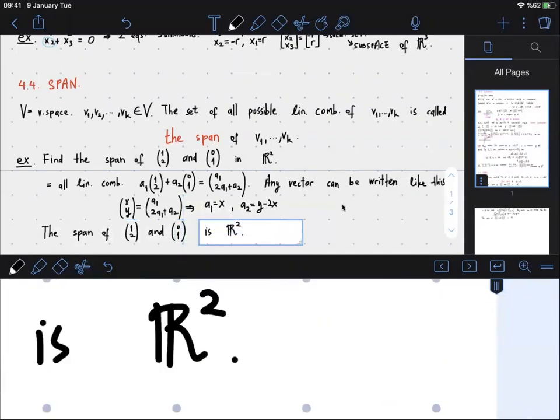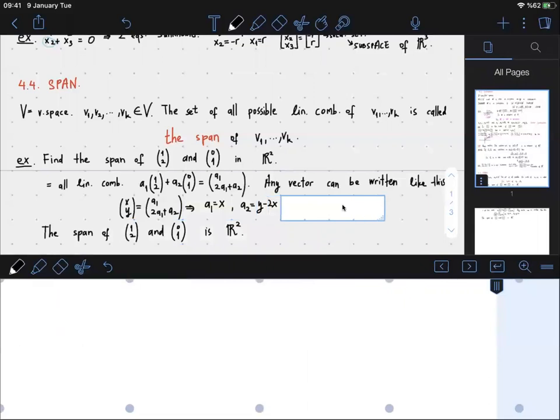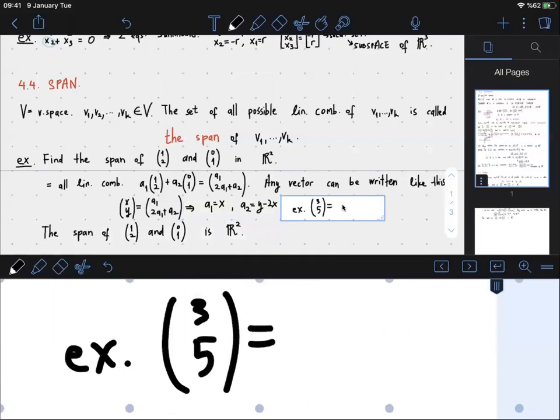Okay, so to illustrate what I said, let me give an example. If I take (3, 5), any arbitrary vector, I can write this as a linear combination of (1, 2) and (0, 1). How can I do that? I first multiply the first vector by 3, so I get (3, 6).